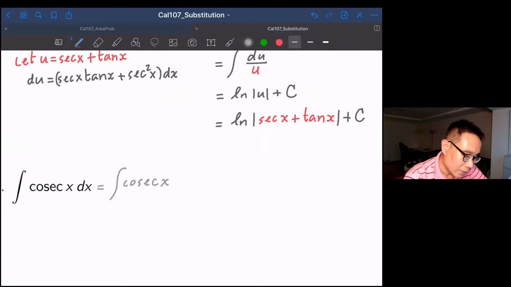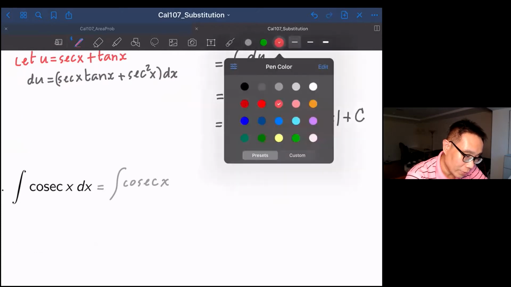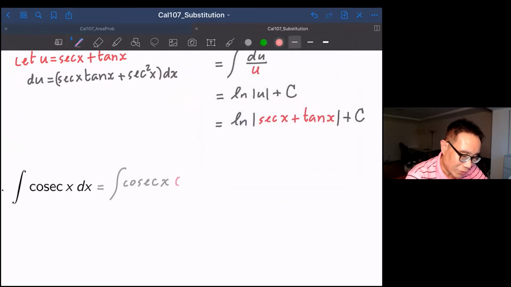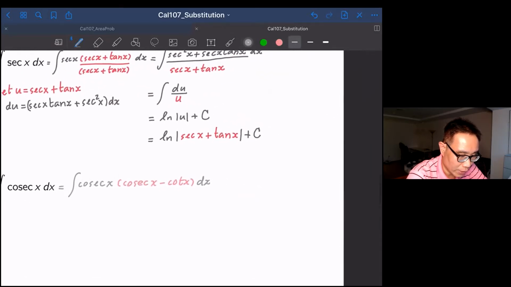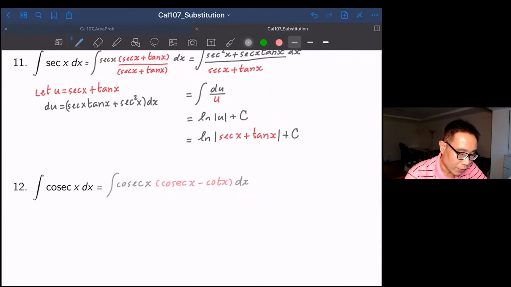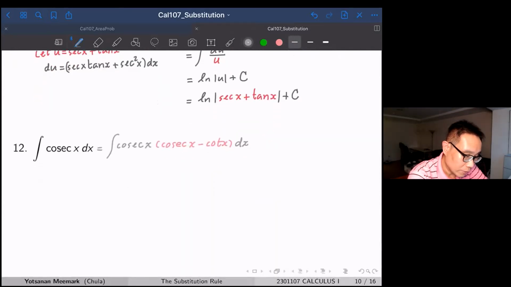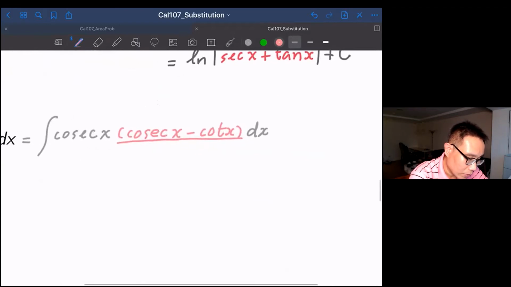The tricky part is that you need to multiply by the correct sign. So you're going to multiply by cosec x minus cotan x on top, and divide by cosec x minus cotan x.